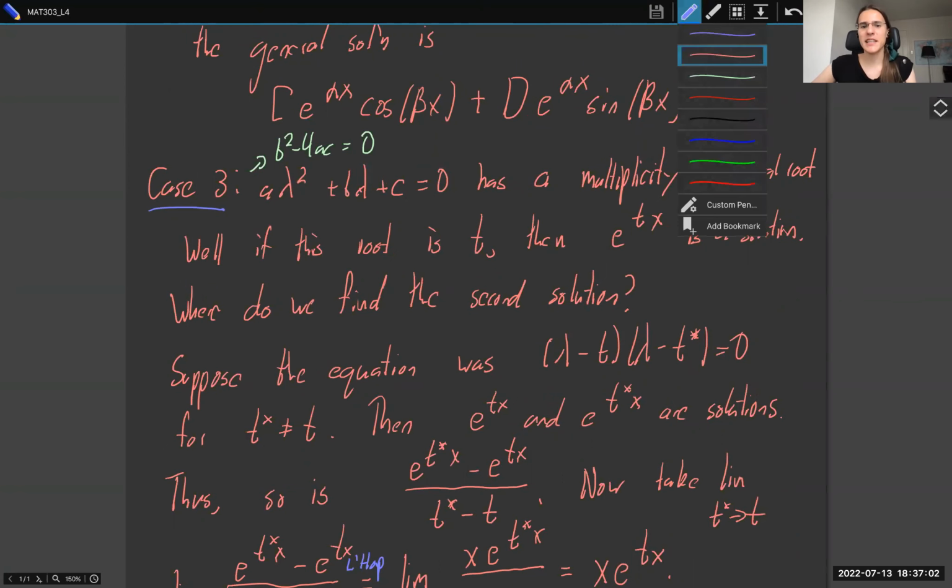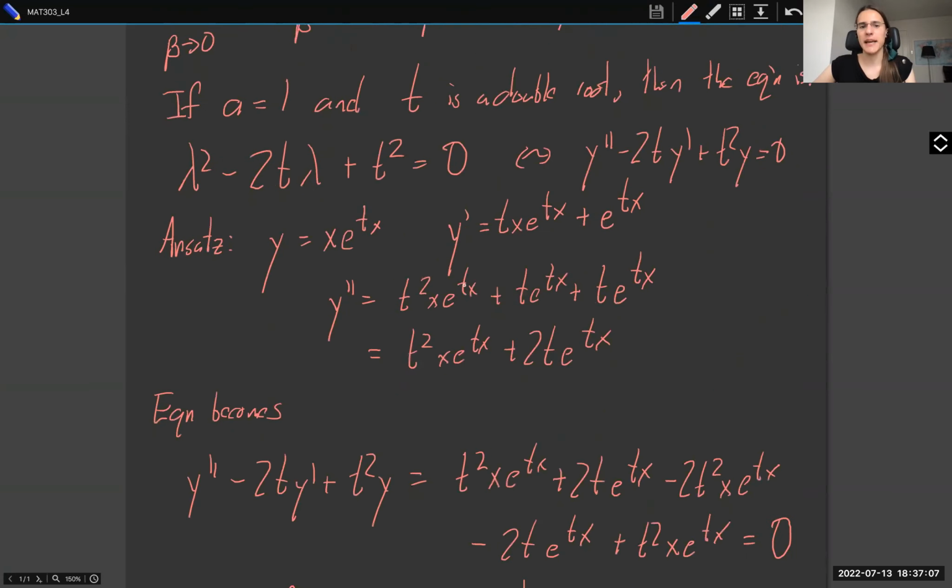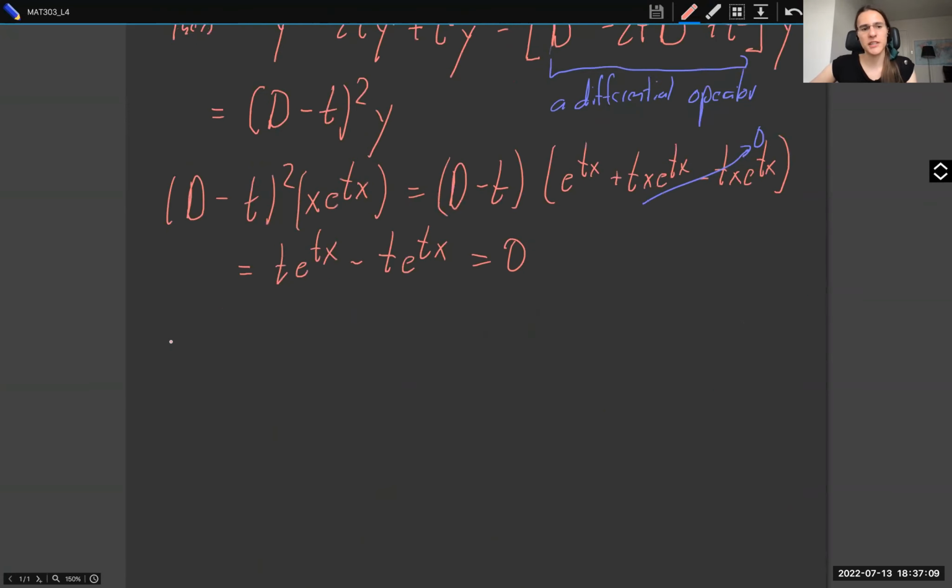The point is that with this L'Hopital method, and then verifying that what we got actually makes sense, we found solutions. Thus, e to the tx and x e to the tx are linearly independent solutions.